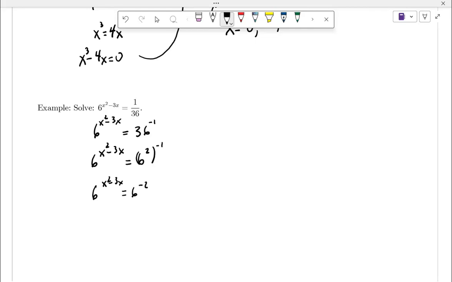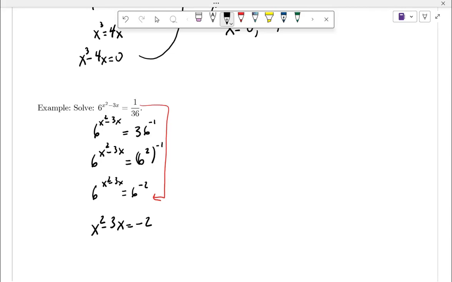Now, some of you I saw went directly from here to here, and that's okay. If you can do that, that's perfectly fine. Saw that 36 was 6 squared and knew you needed a negative to bring it up to the top. That's perfectly fine. Now that we have the same base on both sides, what can we do? Set those exponents equal. What do we need to do with the 2?